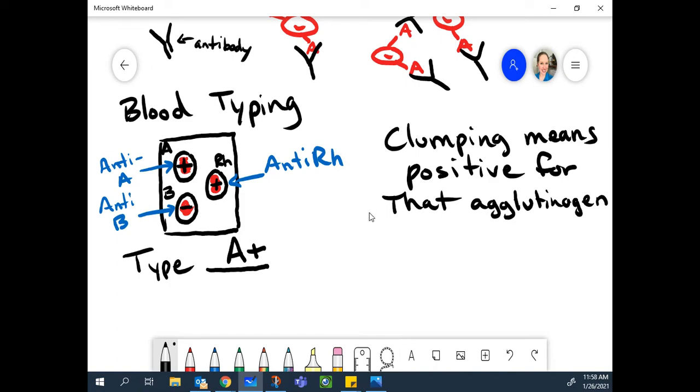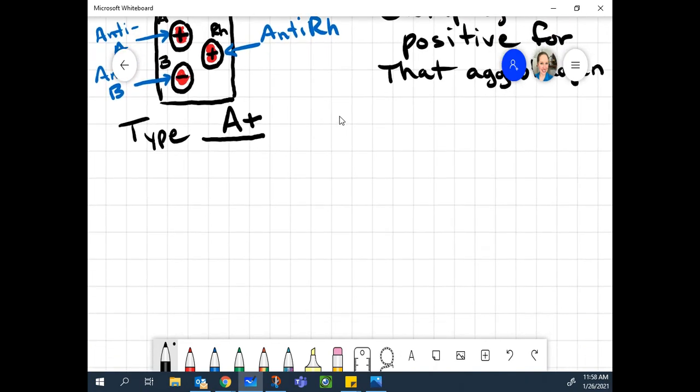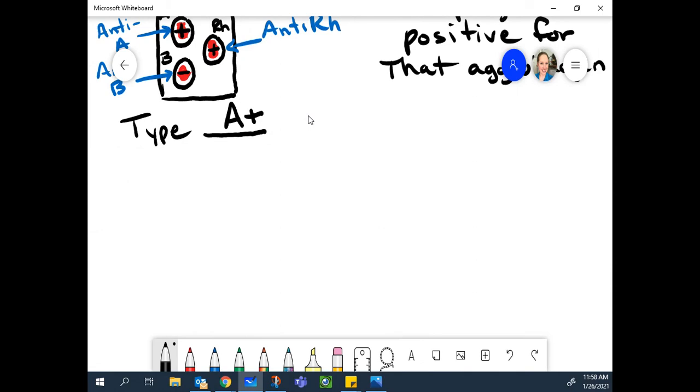So let's look at a few more practice ones. And I won't color the blood in it, so it'll be easier to see.